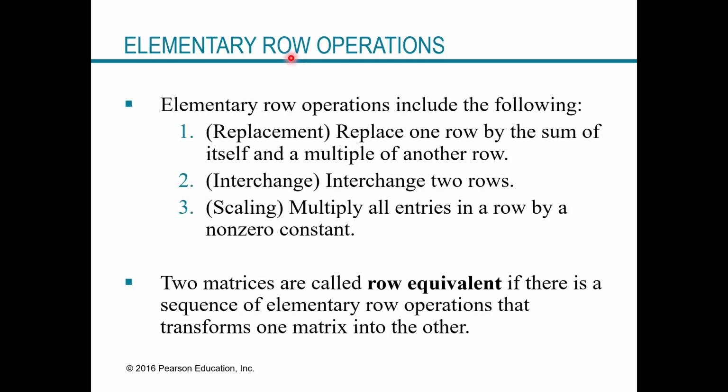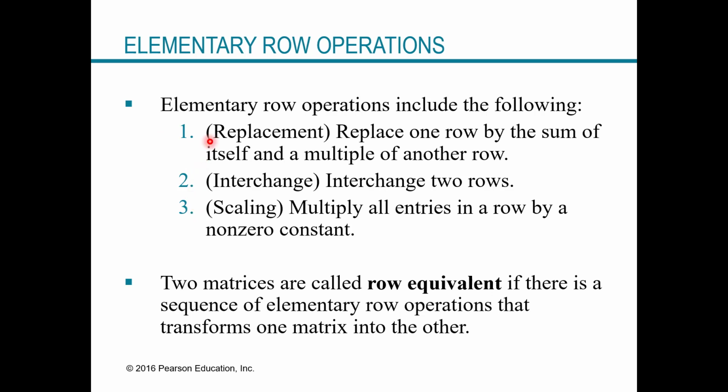Okay, so now let's talk about our elementary row operations. Pretty much it's everything we just did, but I want you to be aware of what you can do with the matrix. So there's only a few things. What you're allowed to do to write an equivalent matrix to your original is replace, interchange, and scale.